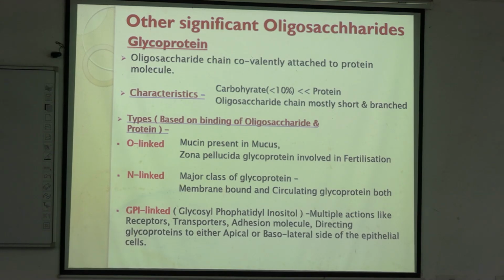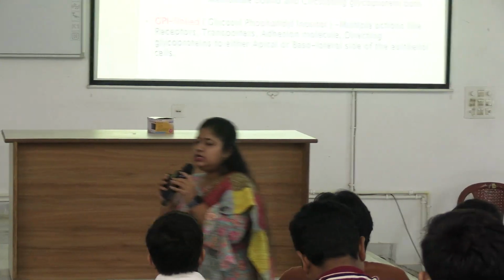But what is the major feature? The carbohydrate component is less than 10% in the whole protein. So a glycoprotein is a combination of carbohydrate and protein, but it contains less than 10% carbohydrate, and that is oligosaccharide in nature. Okay?